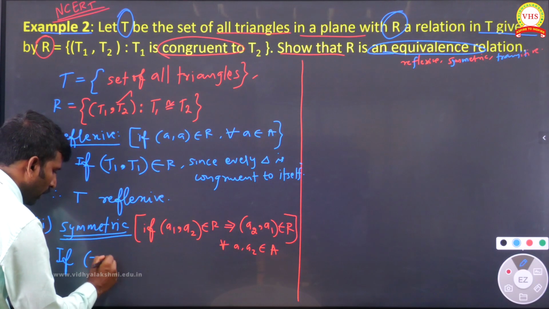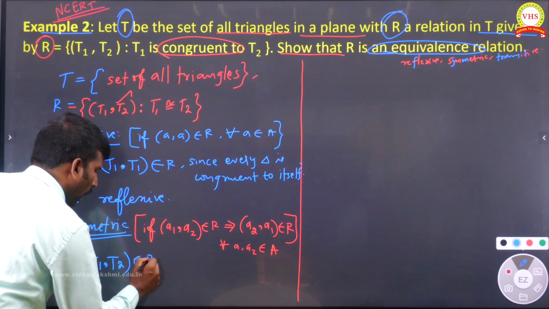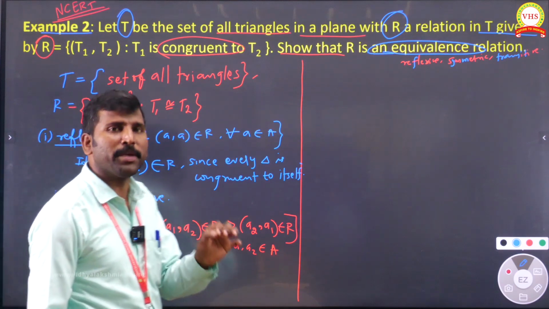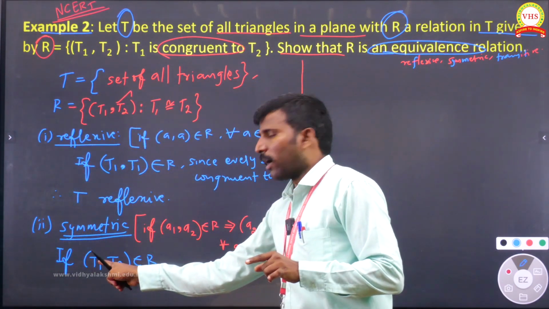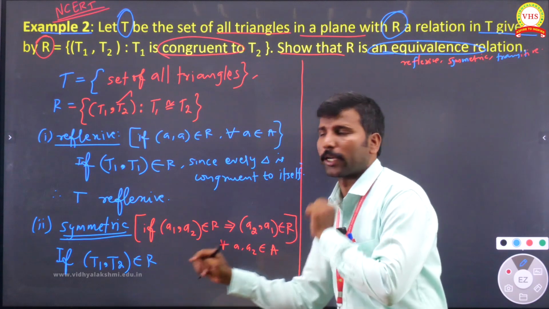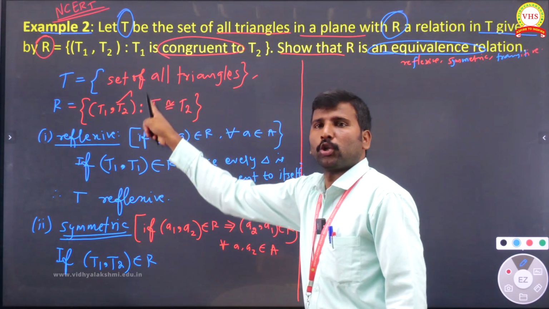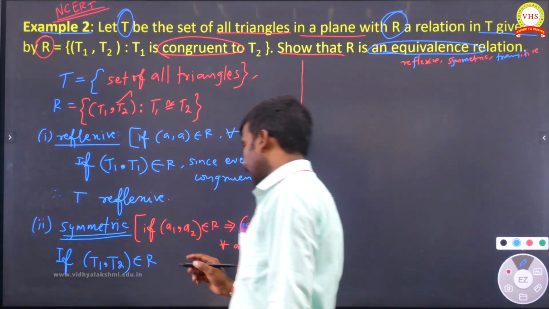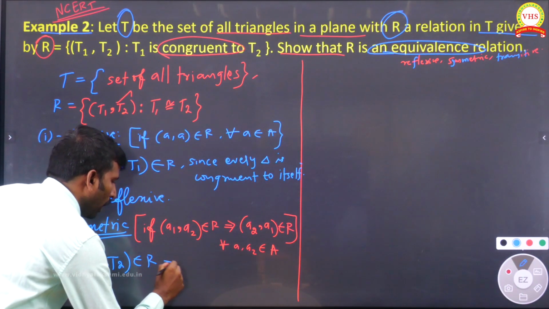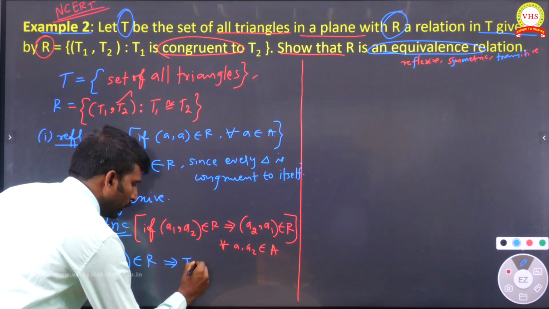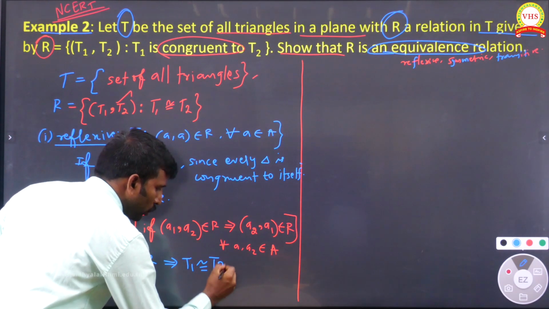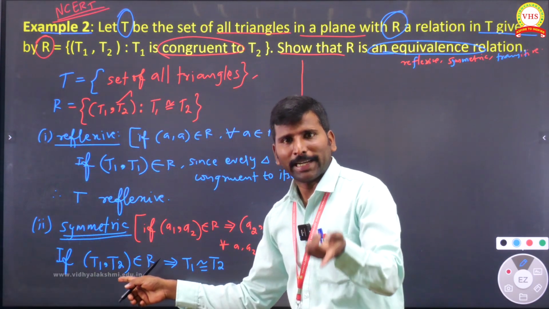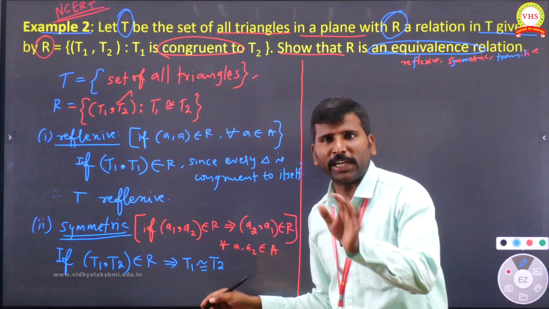Then T1, T2 belongs to R means T1 is concurrent to T2.